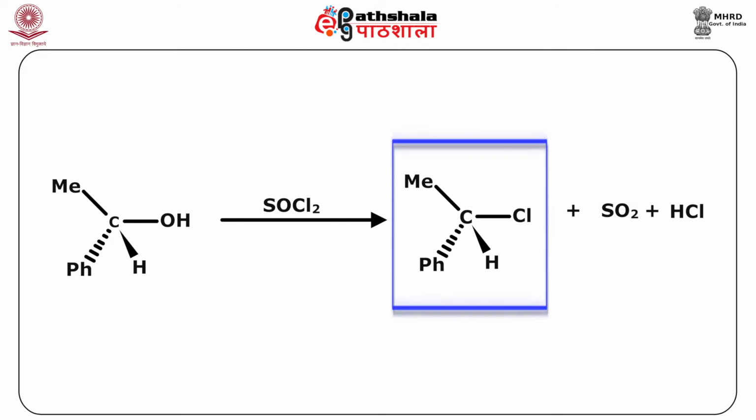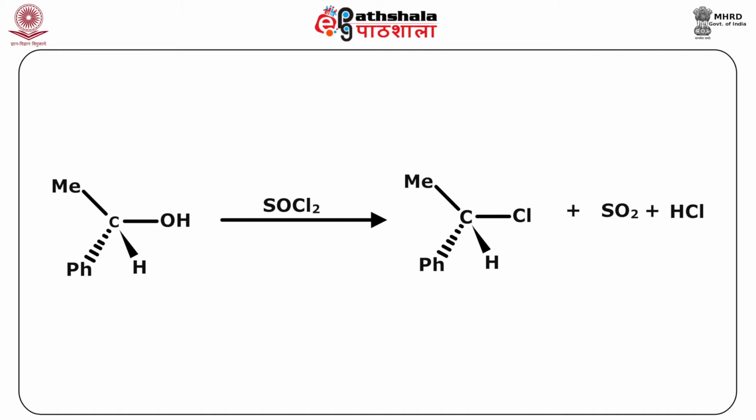It was found that the product chloride is formed with complete retention of configuration relative to the starting alcohol. The reaction proceeds with the formation of a chlorosulfite ester which collapses with elimination of SO2. The esters can be isolated.